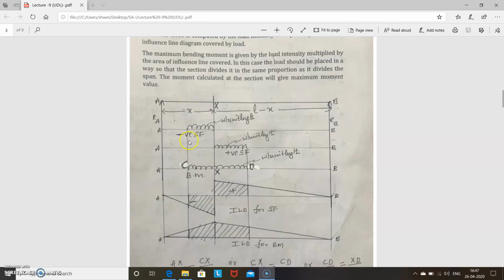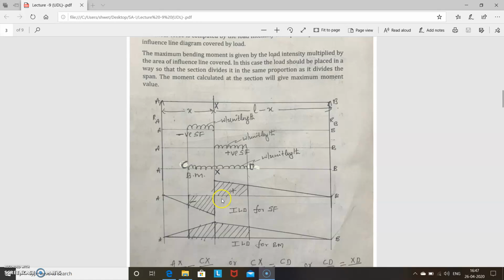Okay, so this is what I consider negative shear force, shorter than the span, only this much length, and this is positive shear force, smaller than the span, so this distance. Okay, and then I have drawn this ILD for shear force, the same diagram. At the section you will have two values, left side minus, right side plus.